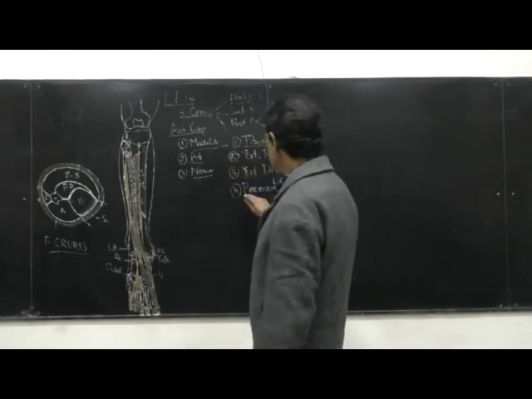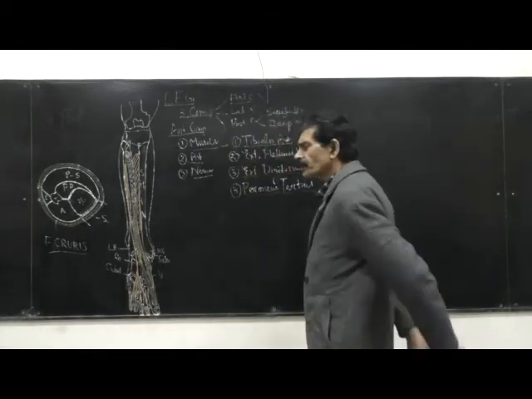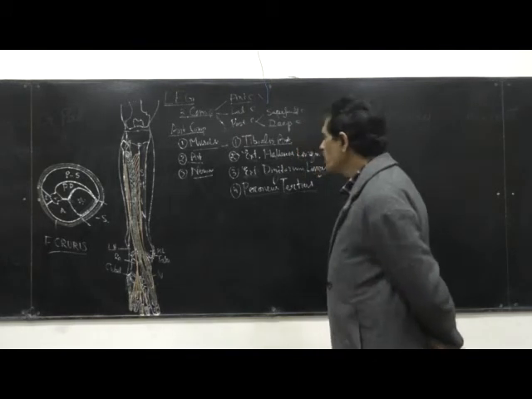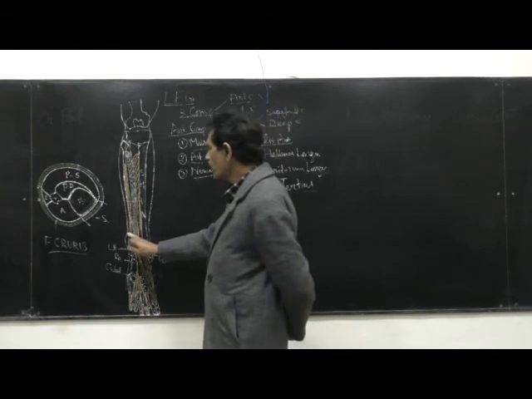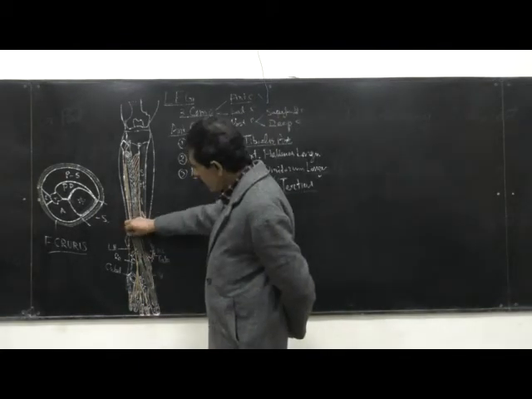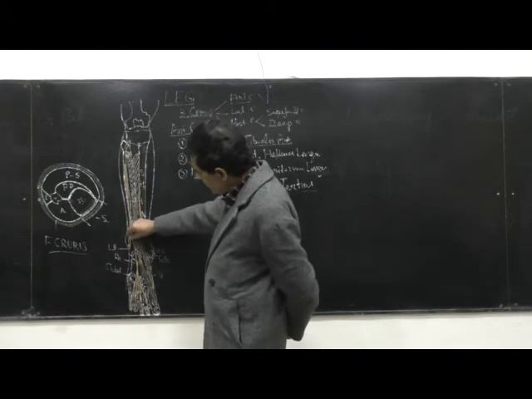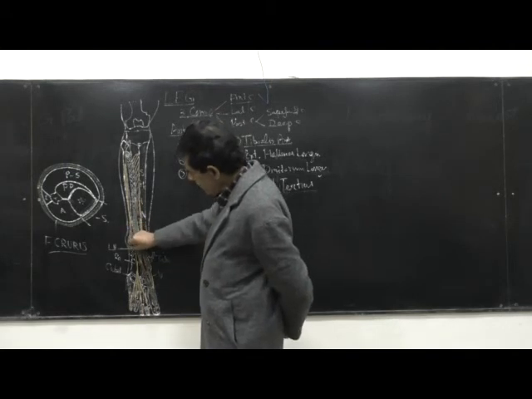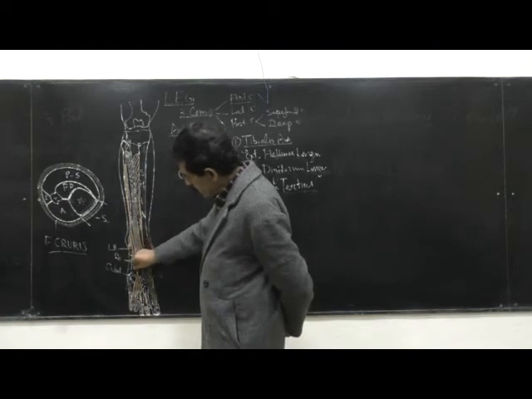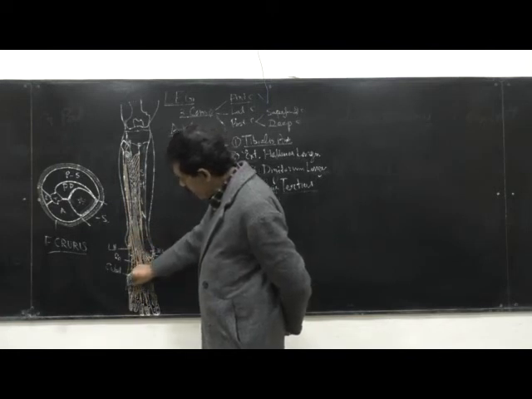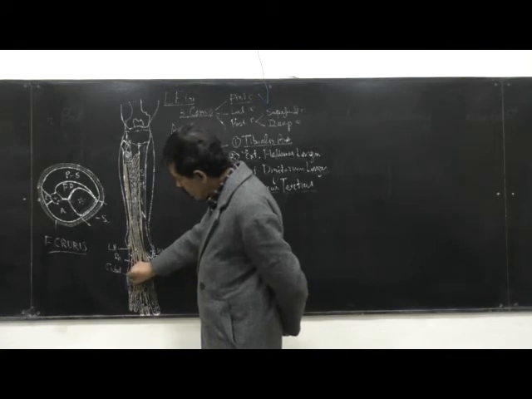Now the last muscle is peroneus tertius. This peroneus tertius muscle will take origin from the lower part of the shaft of the fibula, and this muscle will go laterally in front of the ankle joint, and it will be inserted on the base of the 5th metatarsal, the little finger.